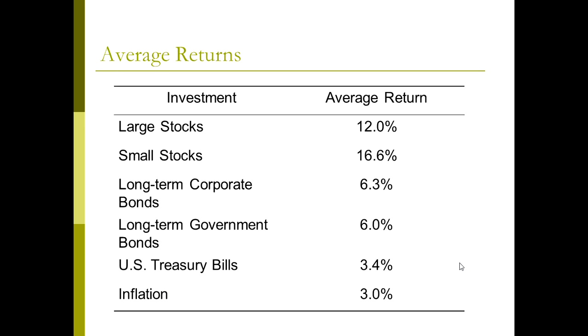So here are the summaries. Over this long-term period, large stocks, which you can think of as the S&P 500, have an average return of 12%. Small stocks, 16%. Long-term corporate bonds, 6.3%. Long-term government bonds, 6%. T-bills, 3.4%. Inflation, 3%.